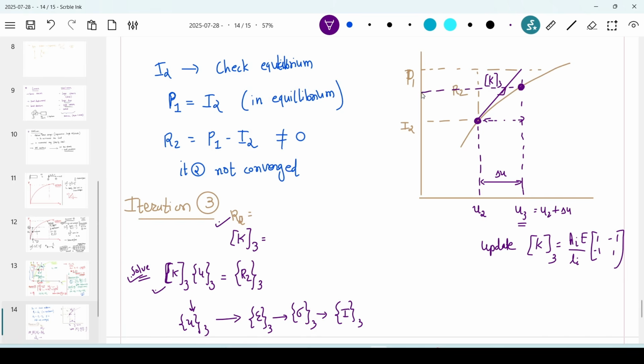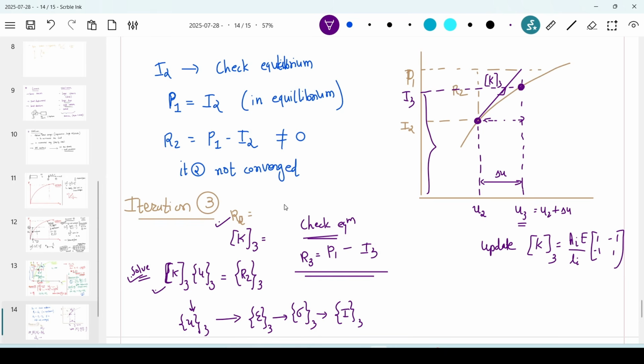When you find the internal force you get this value. Now we have to check equilibrium: whether the total external force P1 is equal to I3 or not. They are not equal, so there is a residual in iteration 3.